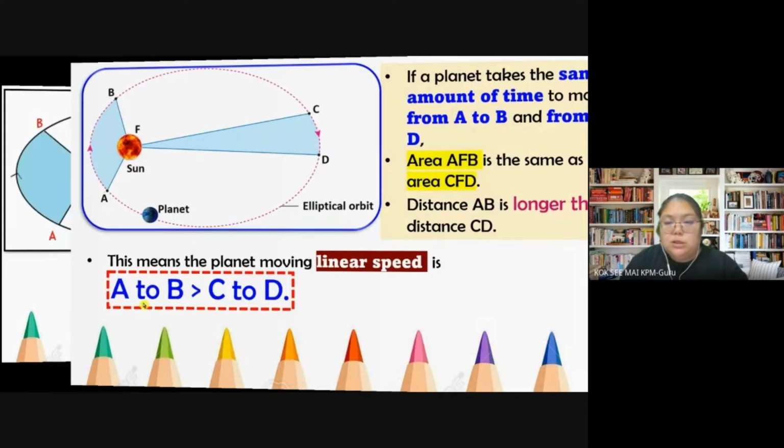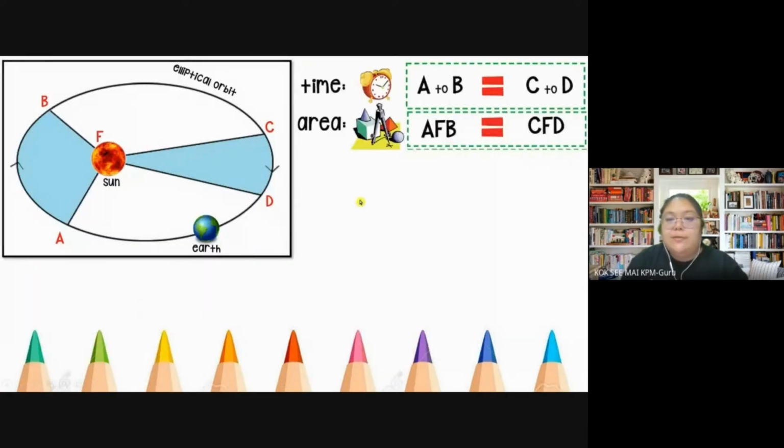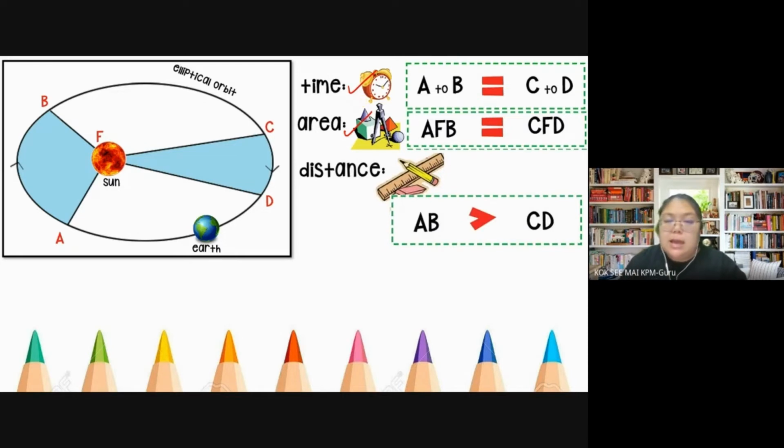Okay, so we continue to understand Kepler's second law. First one, time is the same, area is the same. Okay, this one is from Kepler's second law. After that, we go to conclude. We conclude the distance: AB is bigger than CD. Okay, how about the speed?